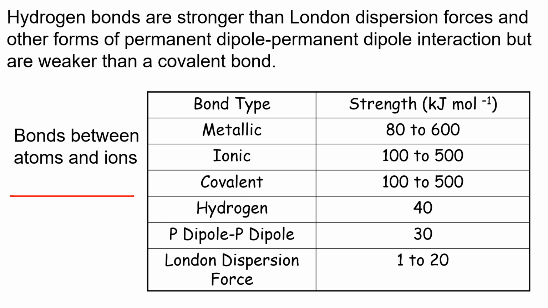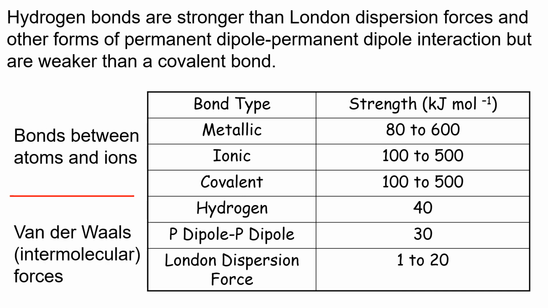These bonds are not broken when covalent molecular substances are melted or boiled, unlike the bottom 3, which are intermolecular forces, collectively known as van der Waals forces. These are forces between molecules of which hydrogen bonding is the strongest, followed by permanent dipole interactions, followed by the weakest intermolecular force, London dispersion forces.